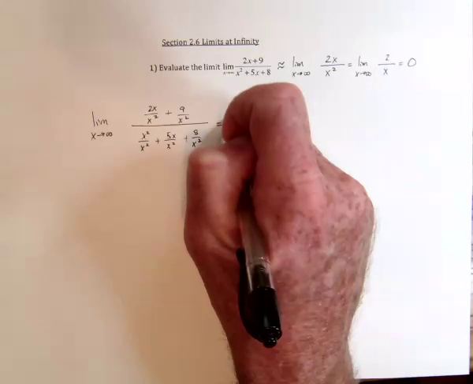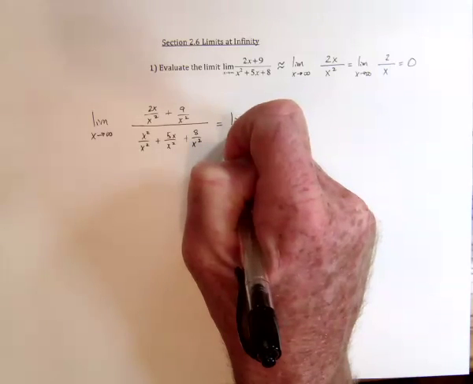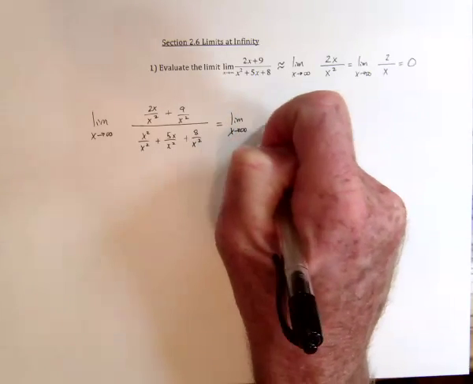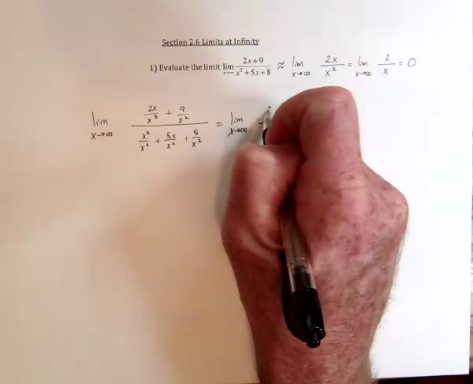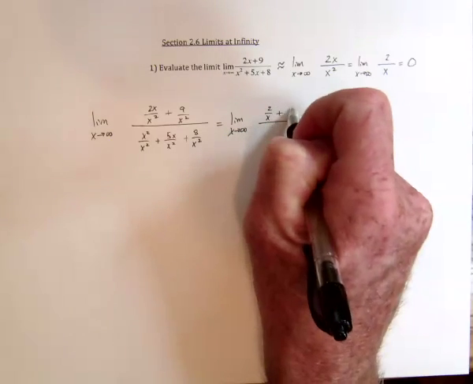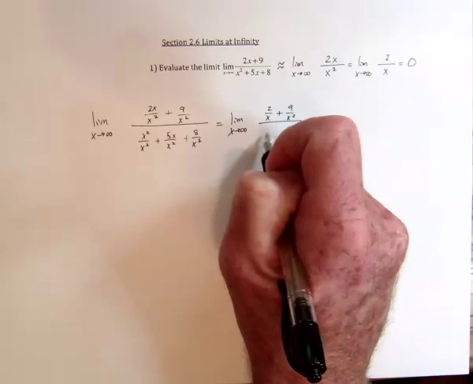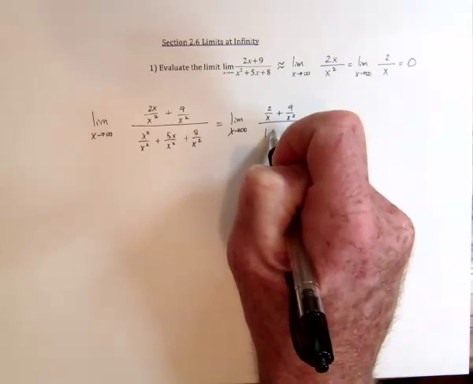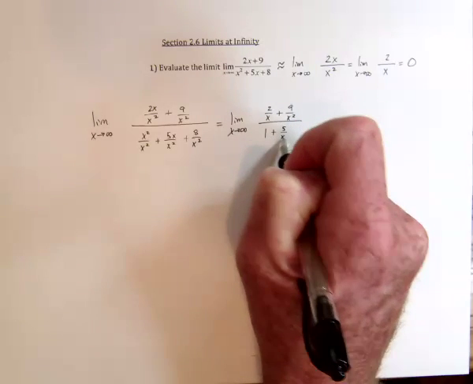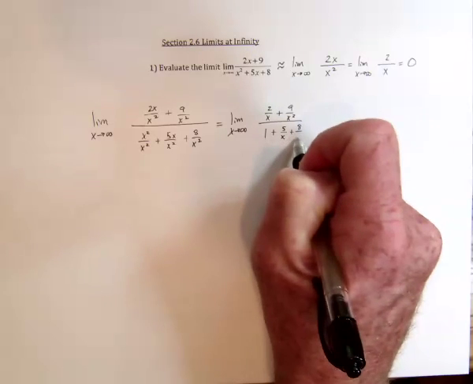So now reduce. We've got the limit as x is going to infinity, and it's going to be 2 over x and 9 over x squared, over a 1, a 5 over x, and an 8 over x squared.